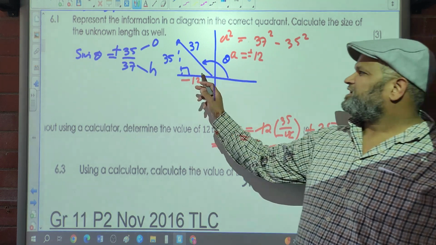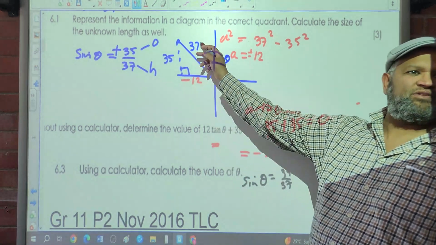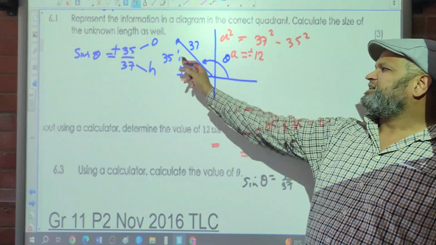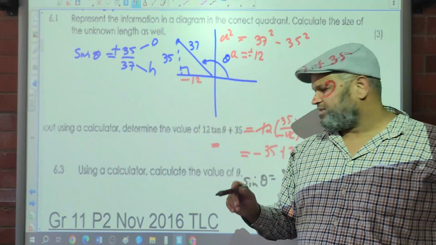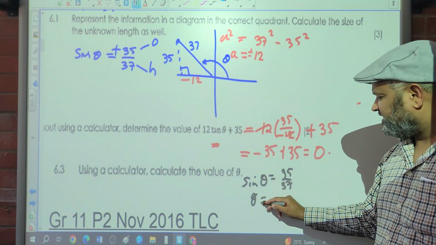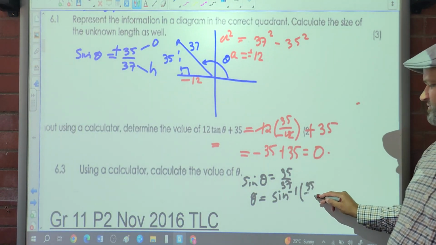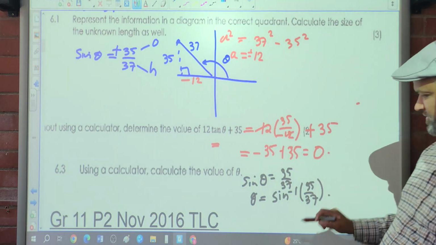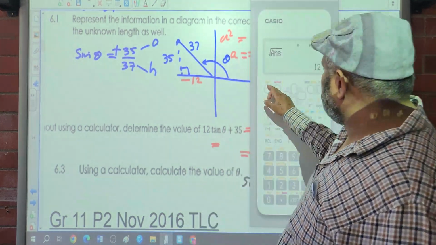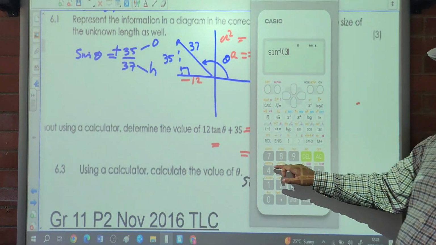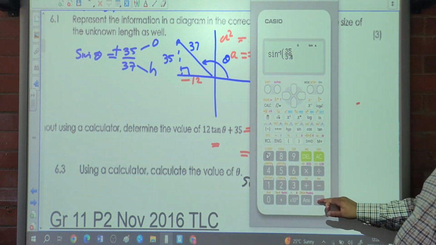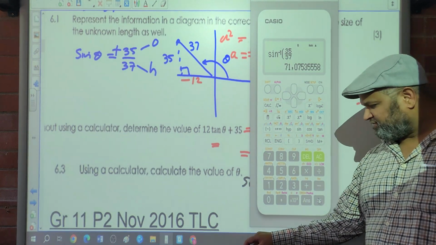Or I could have said cos of theta is adjacent over hypotenuse. Or I could have said tan of theta is opposite over adjacent, whichever one. So what I do is I take arc sine of 35 over 37. So if we shift arc sine of 35 over 37, we get 71,07.